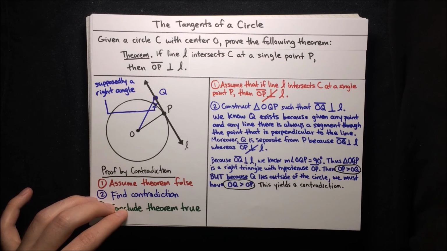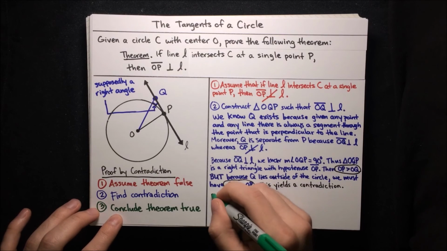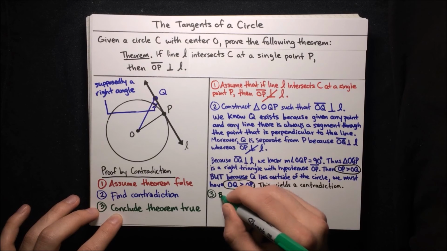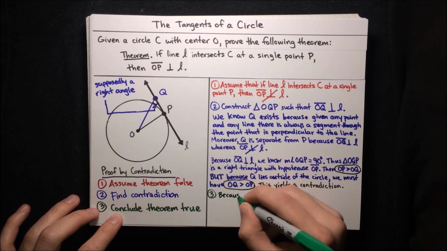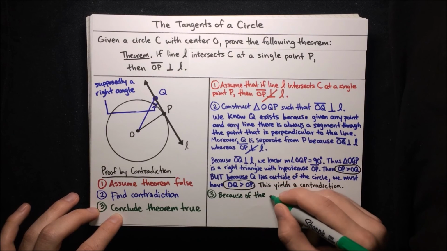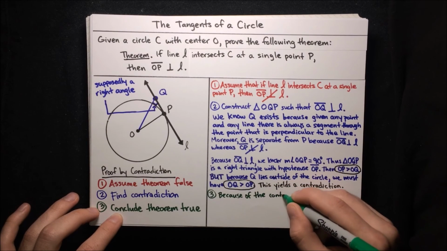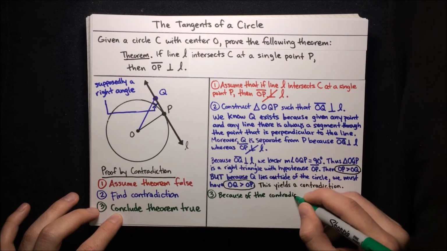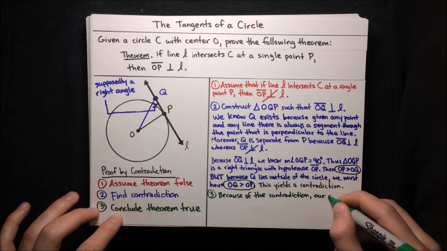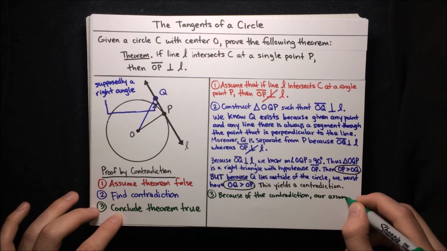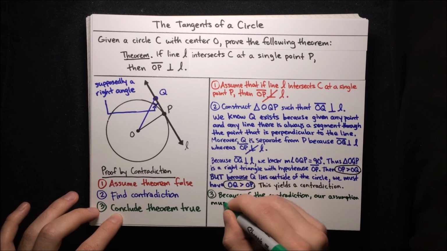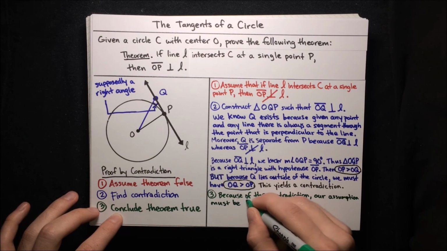Okay, and now we are on to the last step. The last step is just to conclude that the theorem is actually true. So we can say that because of the contradiction, our assumption must be false.